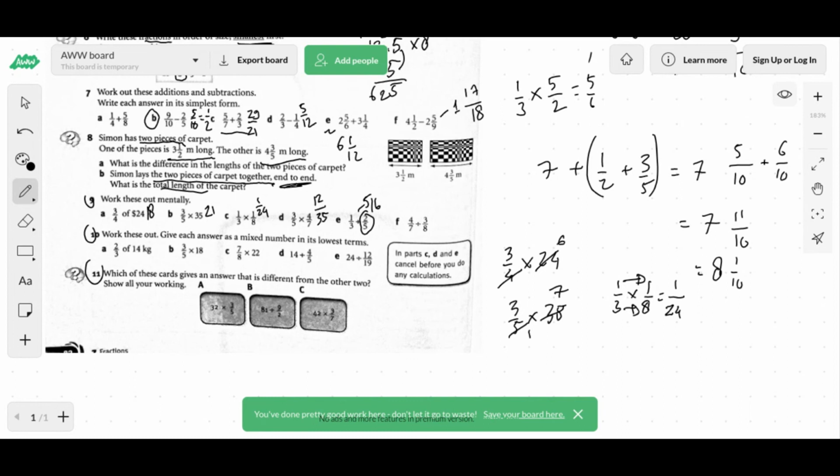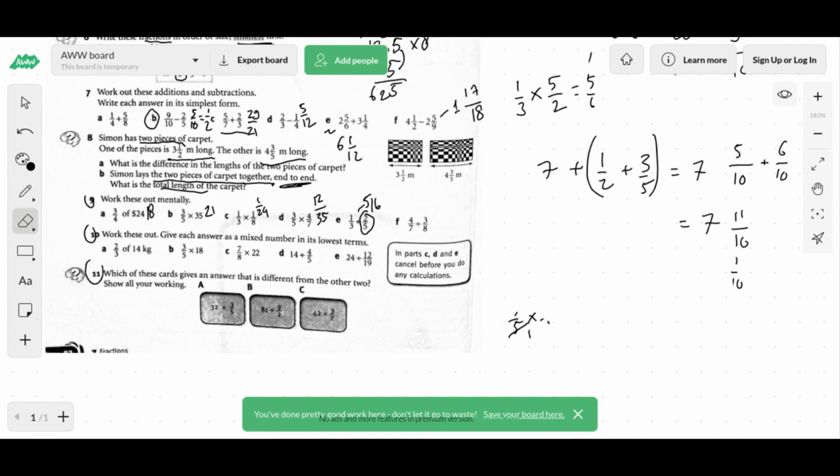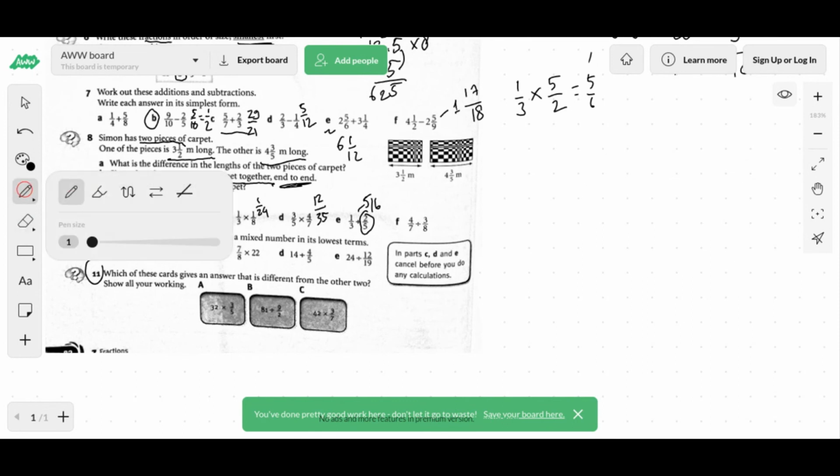Dimas, can you try to solve the F one? 4 over 7 times 8 over 3. Bagus, nice.